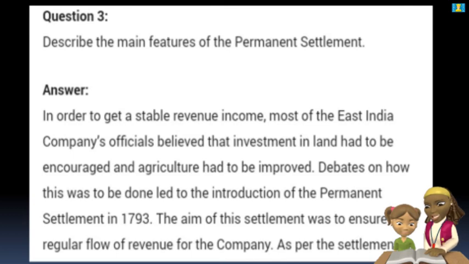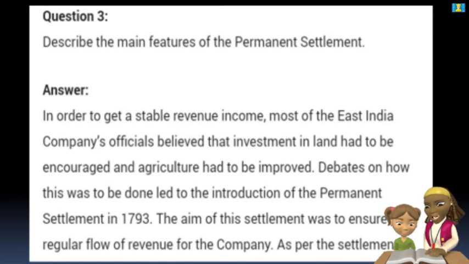Debates on how this was to be done led to the introduction of the permanent settlement in 1793. The aim of this settlement was to ensure a regular flow of revenue for the company.